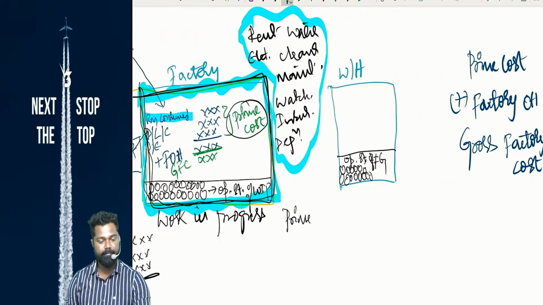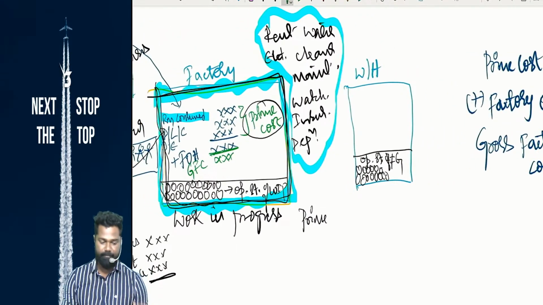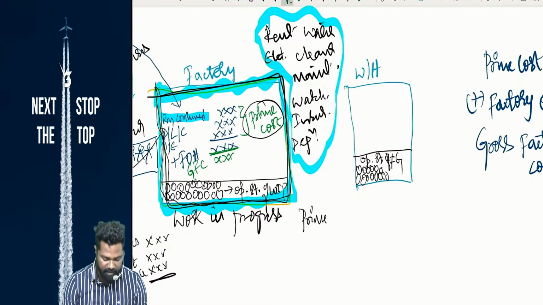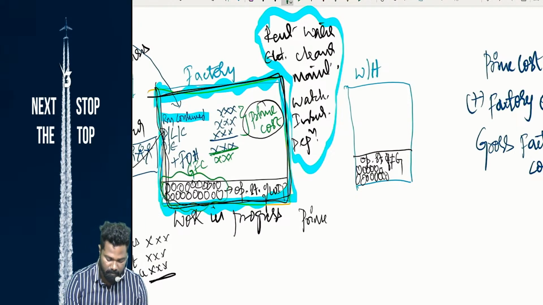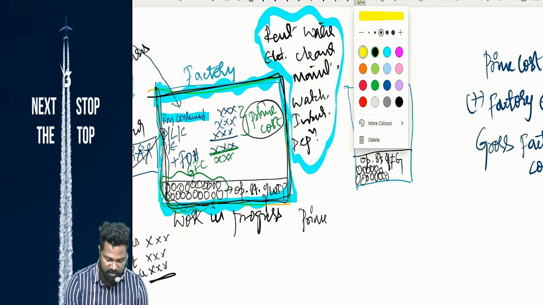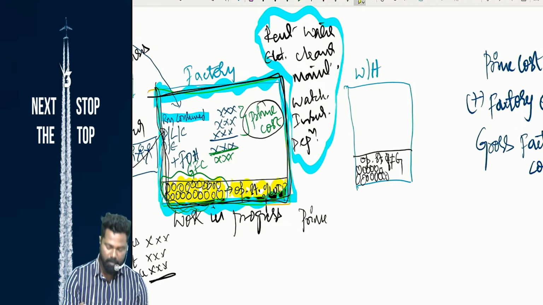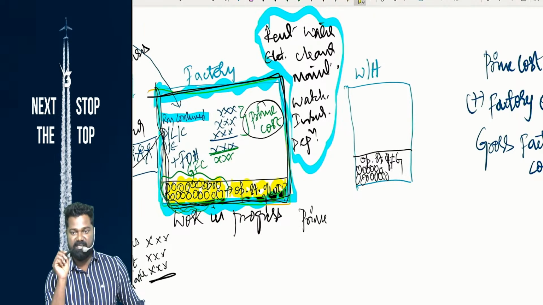Next what? Do you throw this away, or do we use this? Yes, of course we will use this one. So what are they? Opening stock of WIP. Again I'll take the same example.